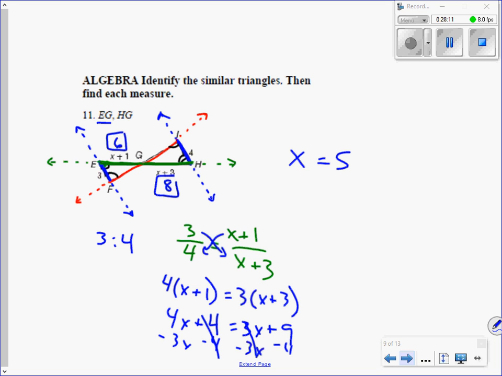Now, if it wanted us to really identify the similar triangles, like name-wise, then triangle EFG would be similar to triangle. E is going to correspond with H. F is going to correspond with I. And G corresponds with itself.